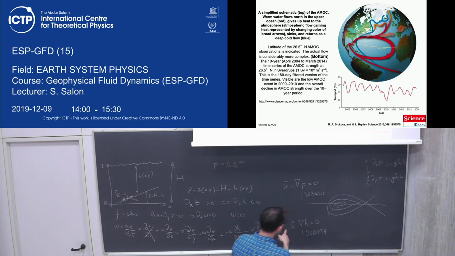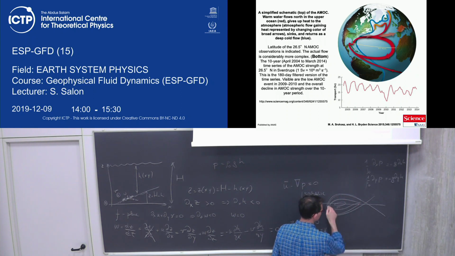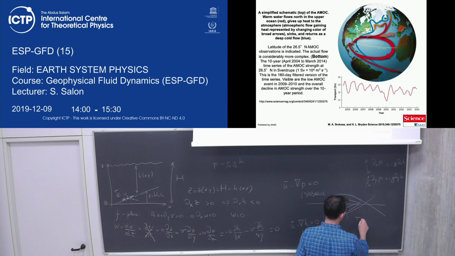So since our geostrophic flow must follow the isobar, it can go only in this direction, but can never cross the isobar. Okay? So geostrophic flow never crosses isobars. And this is a phenomenon which is also called Taylor columns.